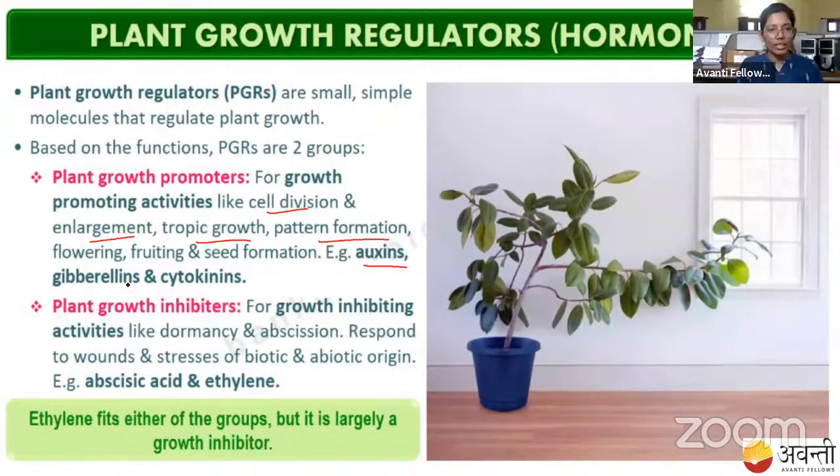Examples are auxins, gibberellins, cytokinins. Same goes for the plant growth inhibitors, which are going to inhibit activities like dormancy, abscission, by abscisic acid and ethylene. Ethylene sometimes acts as a growth inhibitor or a promoter. Okay, we'll see.